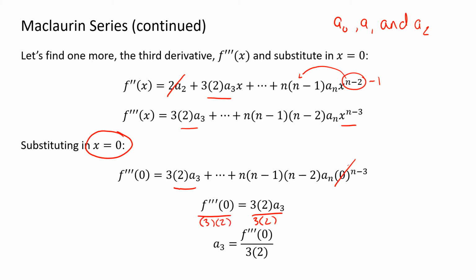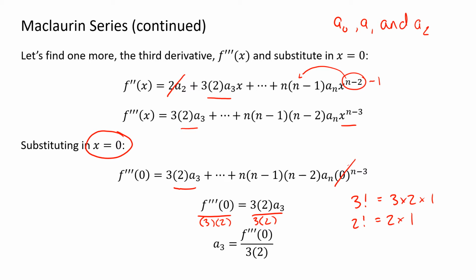And what we're left with is a3 is equal to the third derivative at x equals 0 divided by 3 times 2. Well, 3 times 2 can actually be written as 3 factorial. And the formula you'll see will be written that way. So a factorial, when you see it written that way, is 3 times 2 times 1. So it's each of the terms in sequential order multiplied together. 2 factorial would be 2 times 1.